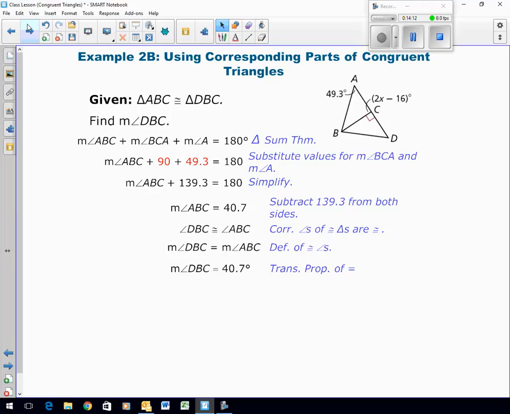Okay? Because the triangle sum theorem says that all angles equal 180. They do this for us and tell us that's 40.7. Notice that the question says, what is this angle right here? Well, this angle DBC would have to be the same as angle ABC.